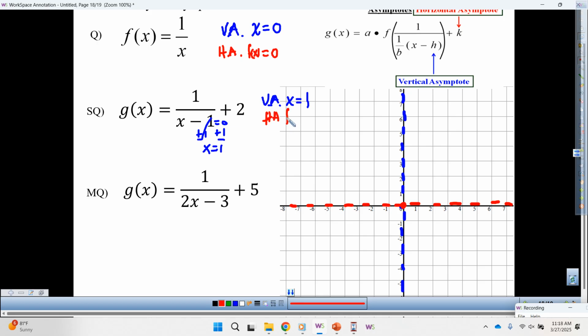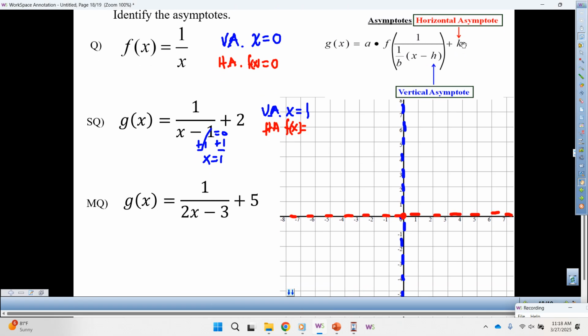HA, which is our f of x. Question, our horizontal asymptote is our constant. What is my constant here, everyone? 2. So if I was to ask you to graph this, my vertical asymptote is at x equals 1.